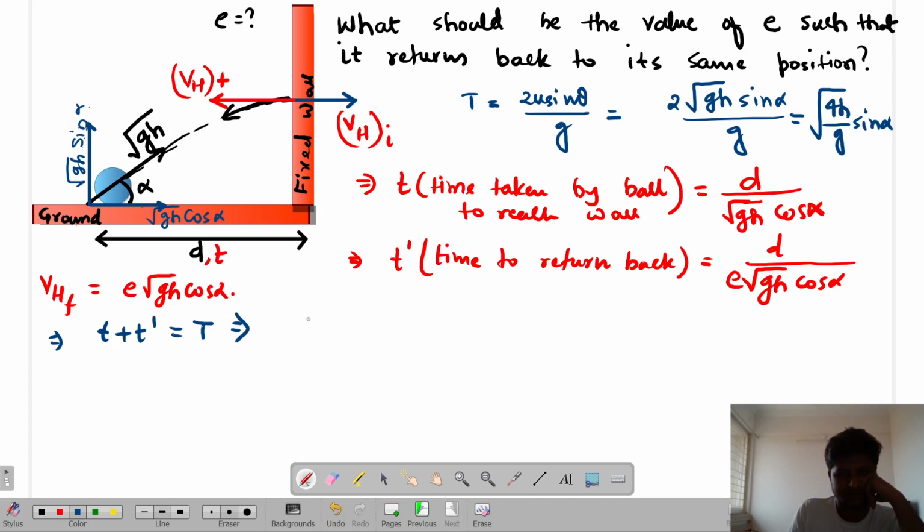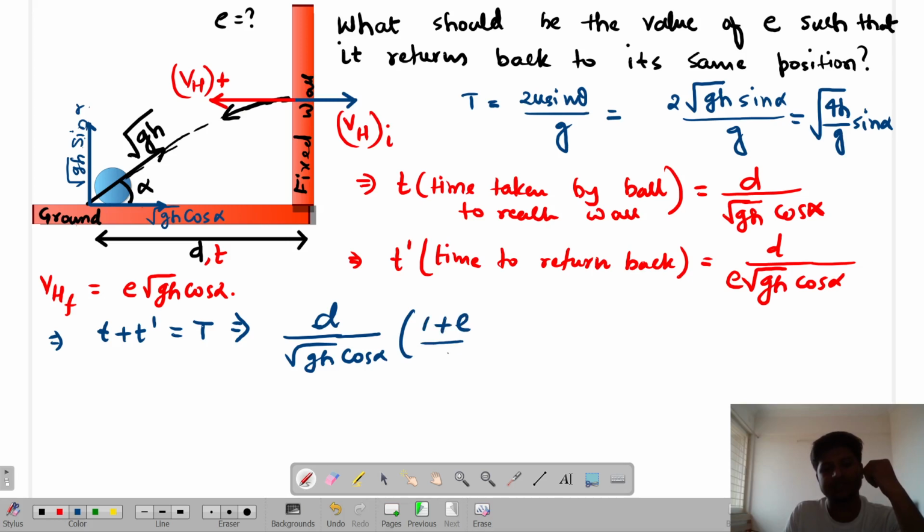So this implies I can take d by root under gh cos alpha as common, and this brings us 1 by 1 plus e, isn't it? So I can write directly 1 plus e by e, that is equal to root under 4h by g sin alpha.